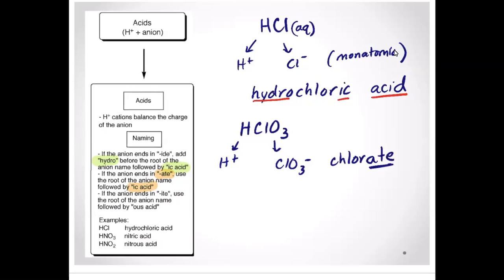It ends in "ate." So all I'm going to do is replace that with ic acid. So that becomes chloric acid. Let's underline just the ic acid because it ends in "ate."